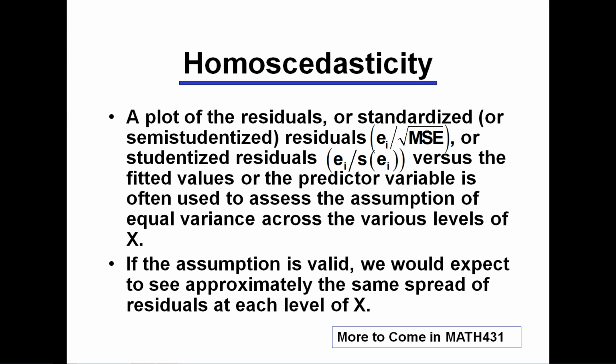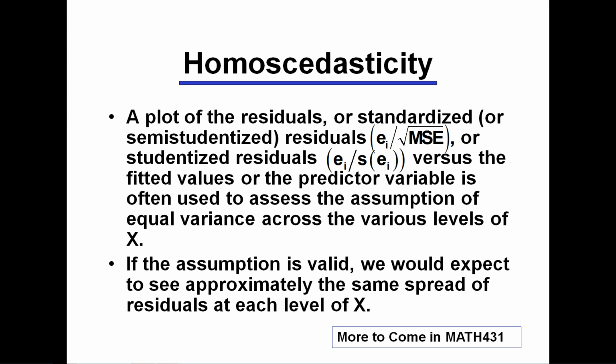The studentized residuals are in fact the residuals divided by their honest to goodness standard deviation, indicated here as SE sub i. Now that's a difficult computation. We will again see that more thoroughly and talk about it in more detail in the Math 431 course.